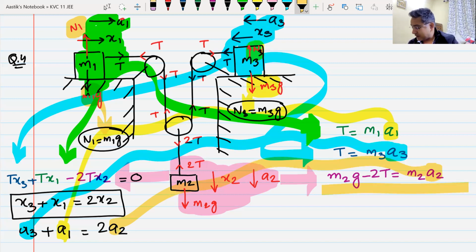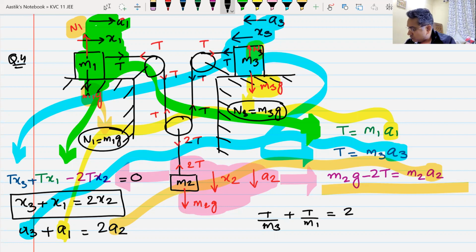See, I'll tell you how I'll do it. A3 is T by M3, so I will write T by M3 plus A1, which is T by M1, that will be equal to A2 multiplied by 2. So I'll multiply the entire equation by 2 and divide it by M1.